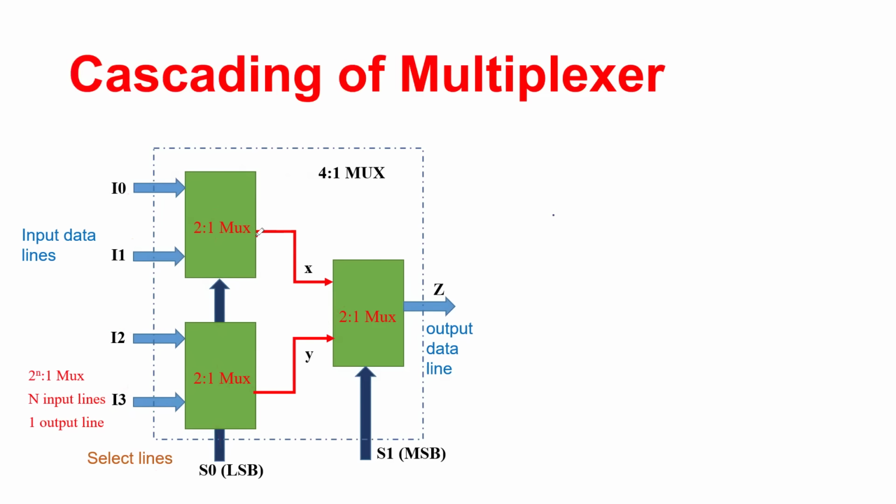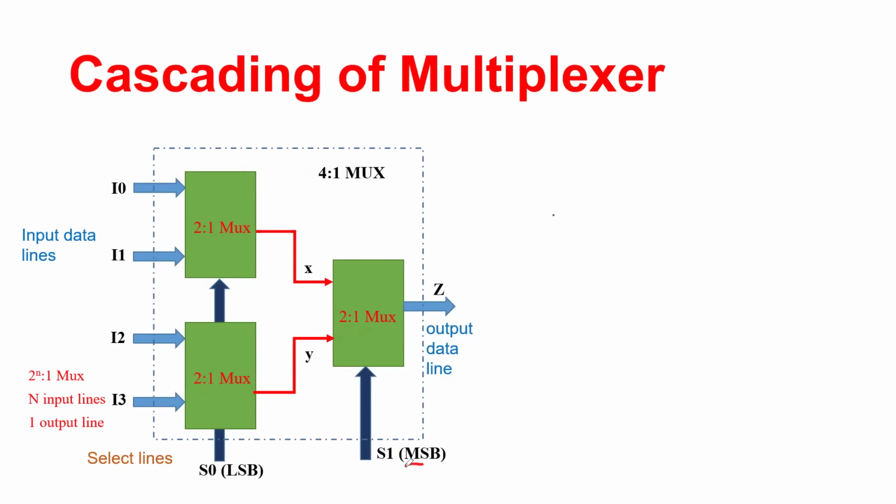Now, the outputs of these two individual MUX, which are X and Y, become input lines to the third and final 2:1 MUX. And it has a single output line that is indicated by letter Z. And obviously, since it is also a 2:1 MUX, you have a single select line indicated by S1.